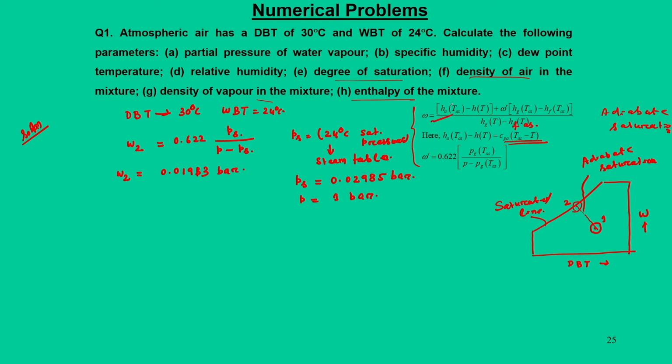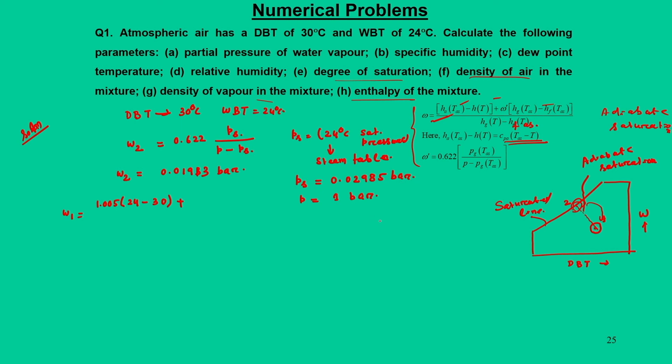Then, using this equation, the first thing we are going to calculate is omega 1. From this information we get back the value of omega 1. For omega 1 we have two parts, the air part and the water vapor part. So, we can write 1.005 for air, that is, 24 minus 30, plus this part.